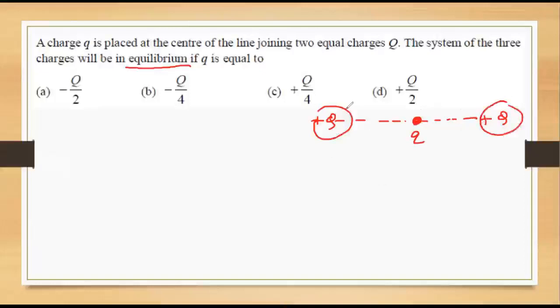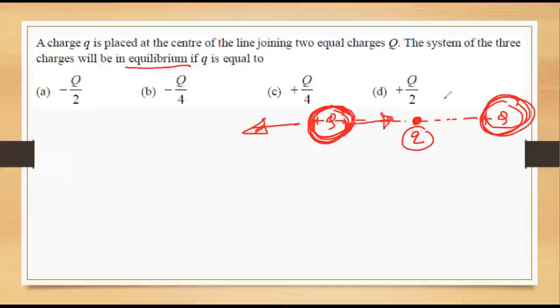But the force on this charge also should be 0. Capital Q will repel it. It is sure that one capital Q will repel the other. So it means small q should be negative, so that it attracts and the net force on it becomes 0.